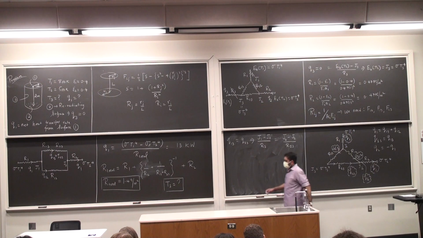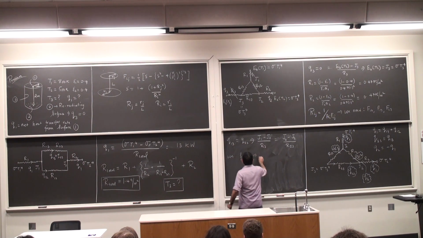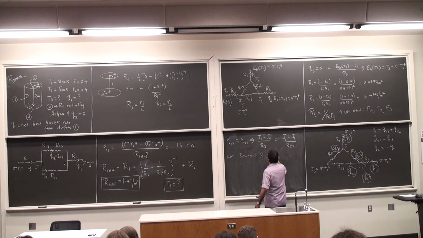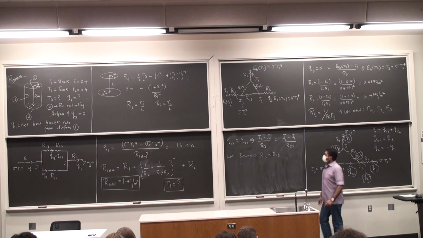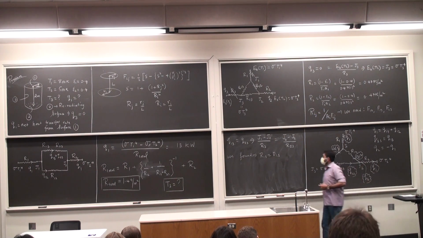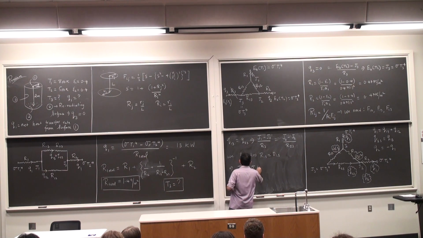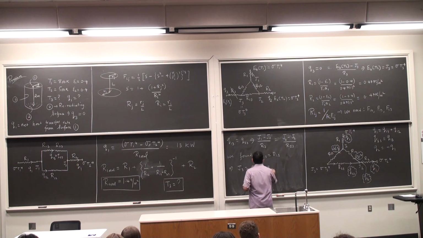So we found out which means that I can actually solve for J3. J3 is nothing but J1 plus J2 by 2, which is sigma T3 to the power 4.